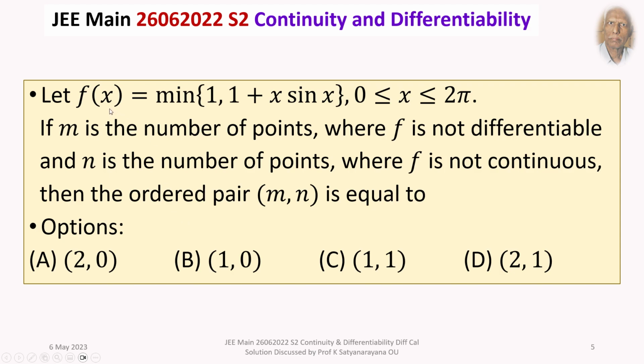We are given this function defined in the closed and bounded interval 0 to 2 pi. If m and n represent the number of points where f is not differentiable and f is not continuous respectively, then we have to find the ordered pair m comma n.